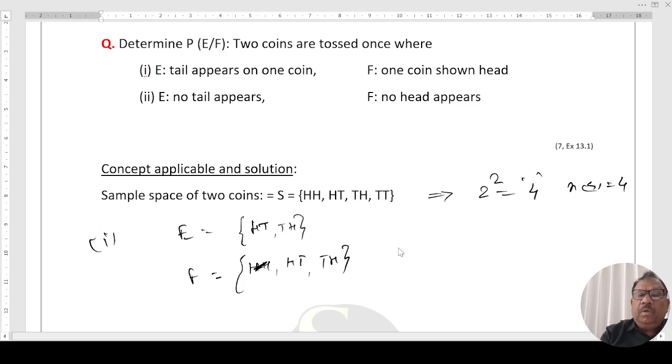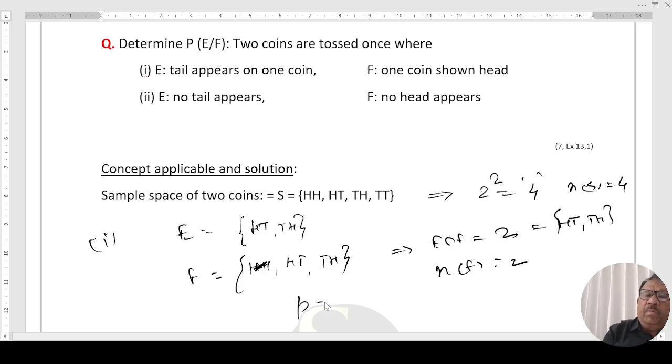So what is common? E intersection F is 2, that is HT and TH. Therefore, probability will be equal to N E intersection F upon NF, that comes out to 2 upon 2, that is 1.